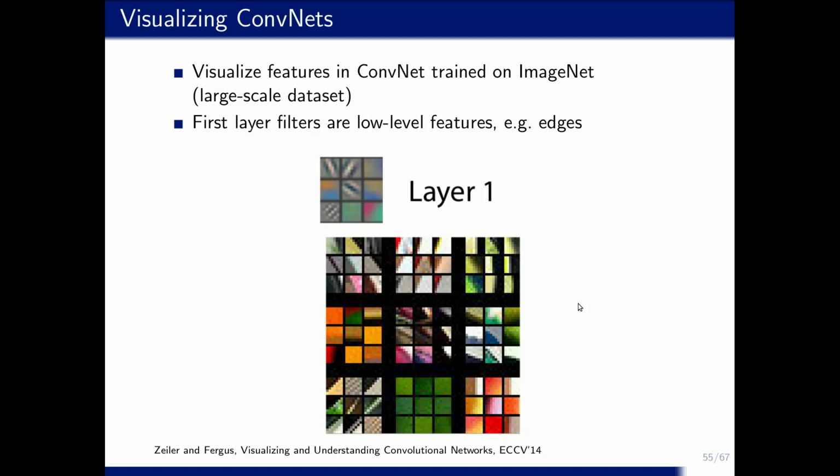Let's now try to understand convolutional networks better by looking at the features they learn. Here I'm referring to a paper by Zeiler and Fergus, Visualizing and Understanding Convolutional Networks. What they did is train a ConvNet on the ImageNet dataset. I briefly showed this benchmark on this web page.